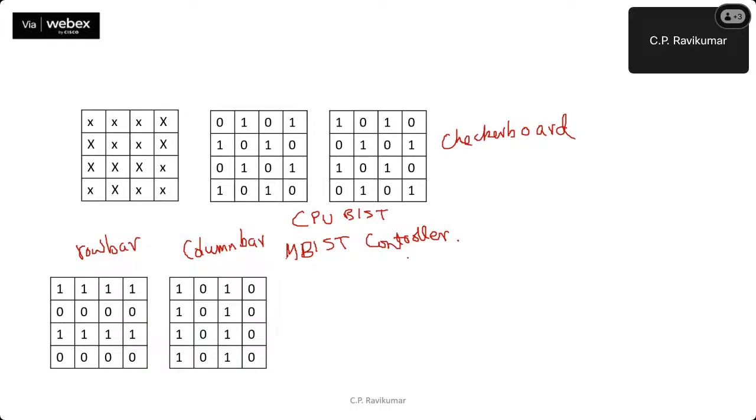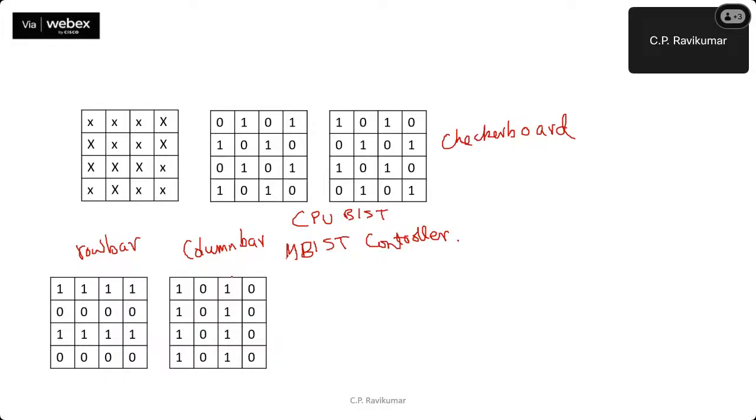It depends on the DFT engineer who engineered that memory BIST controller. That person may have felt the need for running these additional patterns. So there may be opportunity to run more than one kind of pattern.